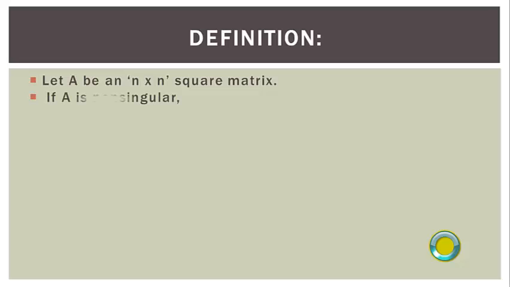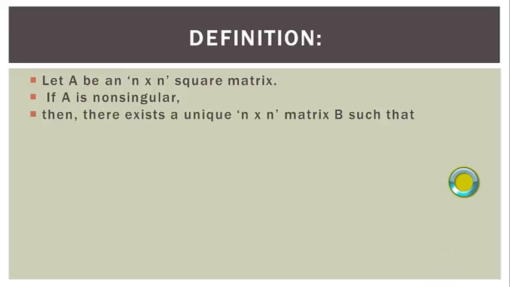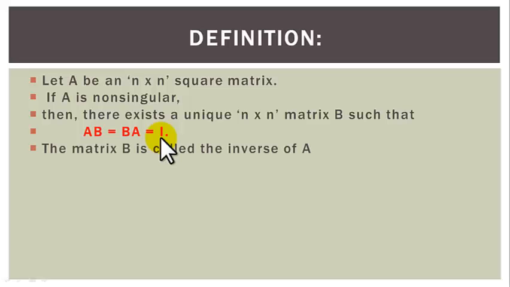Definition of inverse of a matrix. Let A be an n by n square matrix. If A is non-singular, then there exists a unique n by n matrix B such that A times B is equal to B times A is equal to I. The matrix B is what we call the inverse of A, and the inverse of A is usually written as A raised to power minus 1.